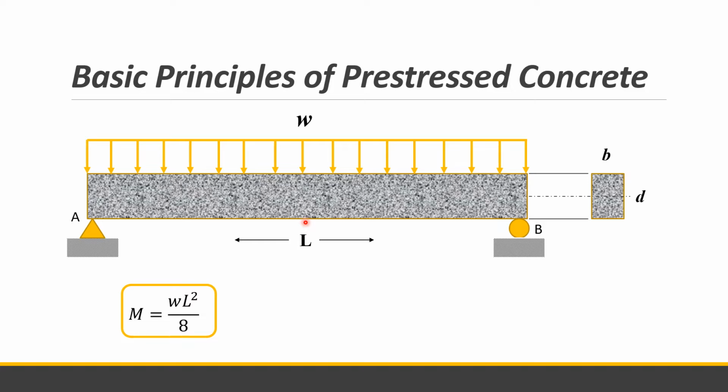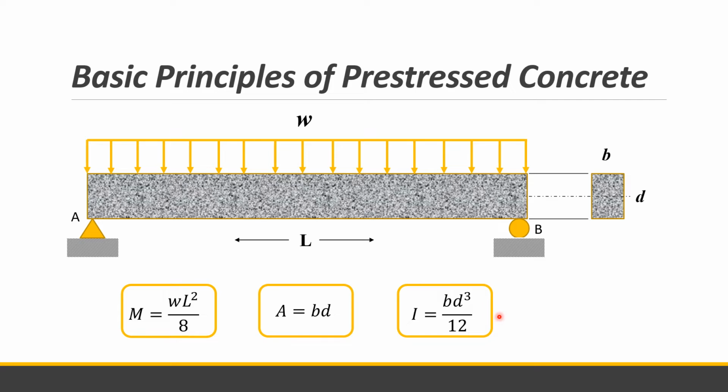It has an area of B times D, yung cross section niya, and moment of inertia of B D cubed over 12. This is a given already for a rectangular section. This is a moment of inertia with respect to the x-axis or yung neutral axis natin dito.